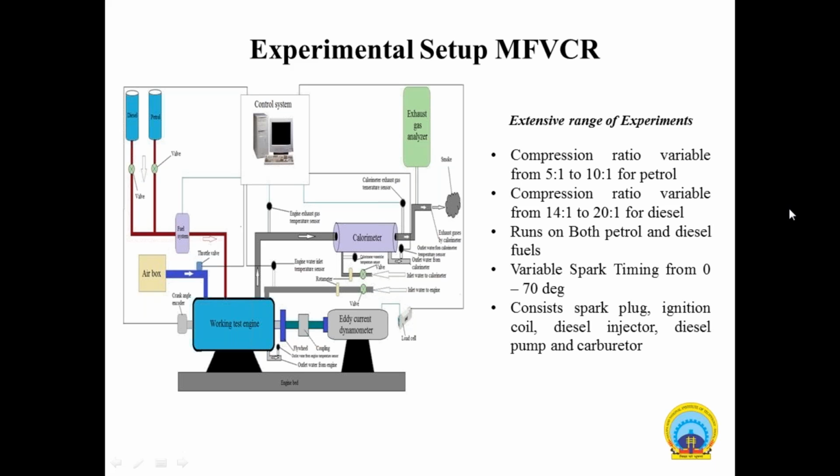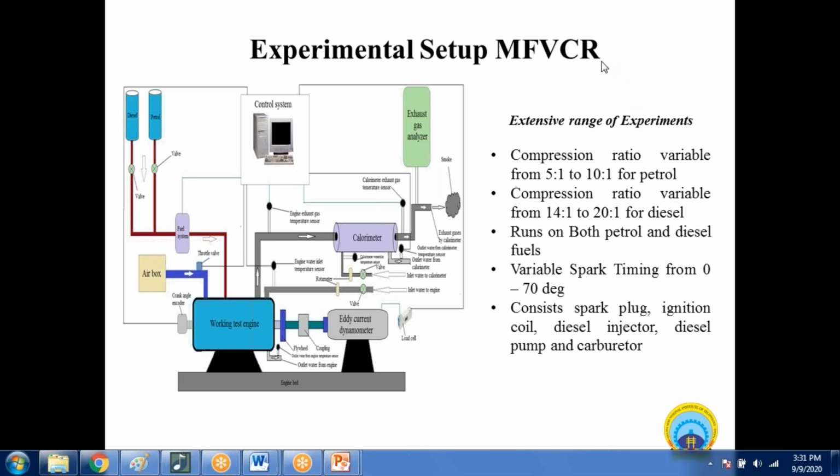So this is a line diagram of the experimental setup, that is, a multi-fuel variable compression ratio engine. In this, the compression ratio varies for the SI engine from 5 to 10, and for the CI engine it is 15 to 20 or 16 to 20. In this engine, generally I am doing my experimental work.